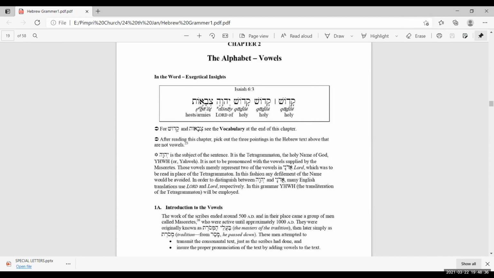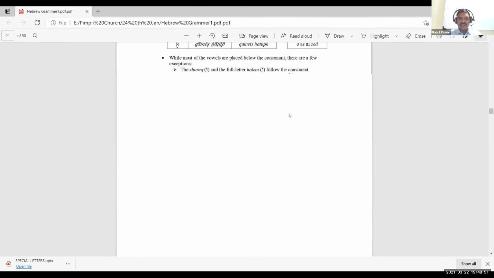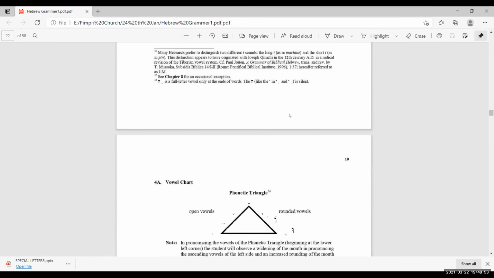Then after this it is D, then over O, because it is a long vowel, the arrow is upwards. You observe all this and read all this exegetical insight. We do not have so much time to cover all this, but you have to learn it.